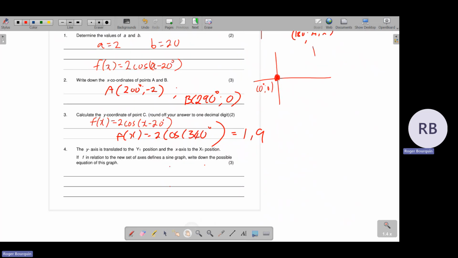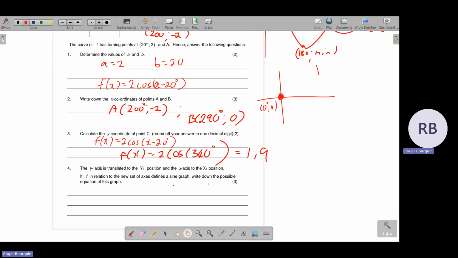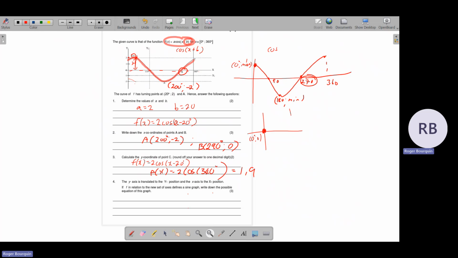Okay, right. Then it says, okay, this is a bit confusing. If the y-axis is translated, that just means moved to position y1, and the x-axis to position x1. So what are they saying? They're saying my new axes are going to be here. So this is my new y-axis, and my new x-axis is over there.